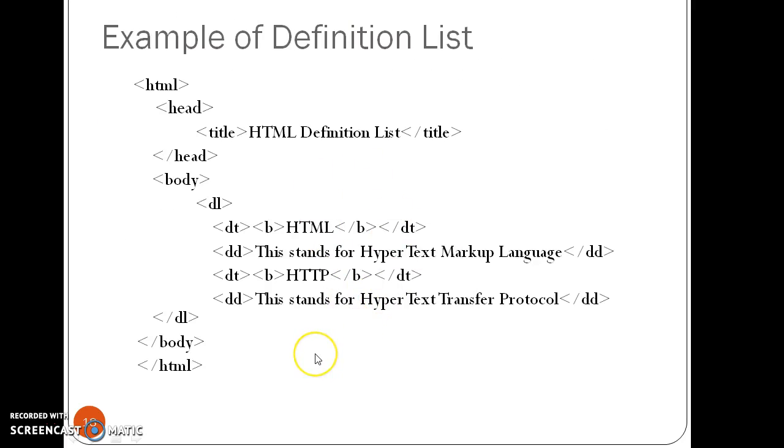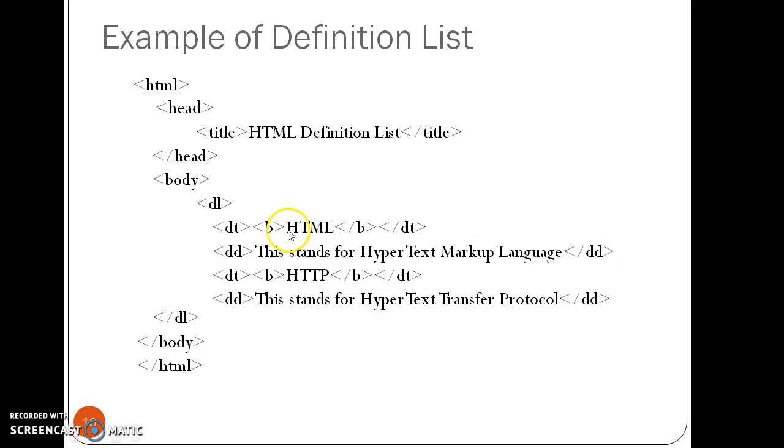Here we are going to demonstrate a small program for the definition list. This is the definition list here. We are starting with the DL tag. Our data term here is HTML. DD means data definition. You are writing the definition for this term. This stands for hypertext markup language.